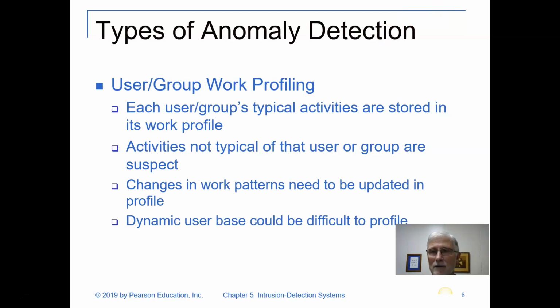This says, okay, the accounting department has this type of activities where the testing department has another set of activities, and they'll have different profiles because of the way they use the system resources. When activities are outside of those, you make them a little less acceptable and say, hey, I want to flag that.